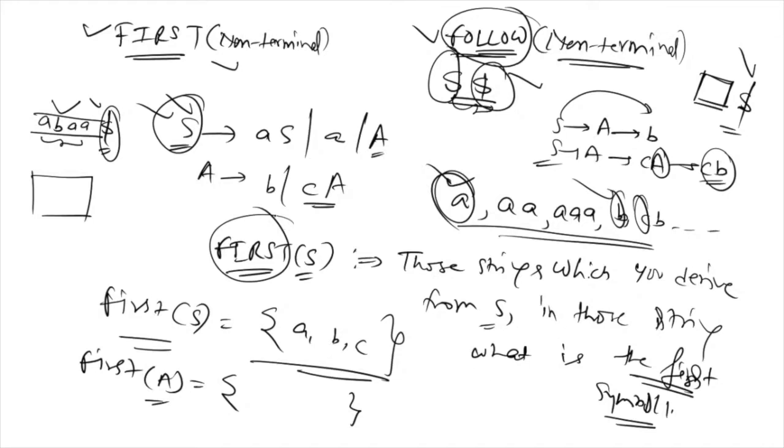From A you can derive B, so this B. From A you can derive C, so this C. These are the two things. Of course you can derive many strings, but in all those strings you can see that B, C are the first symbols. We just want to collect the first symbols. So this is the first of A. Anyway, let's see the algorithm to find out first and follow functions.